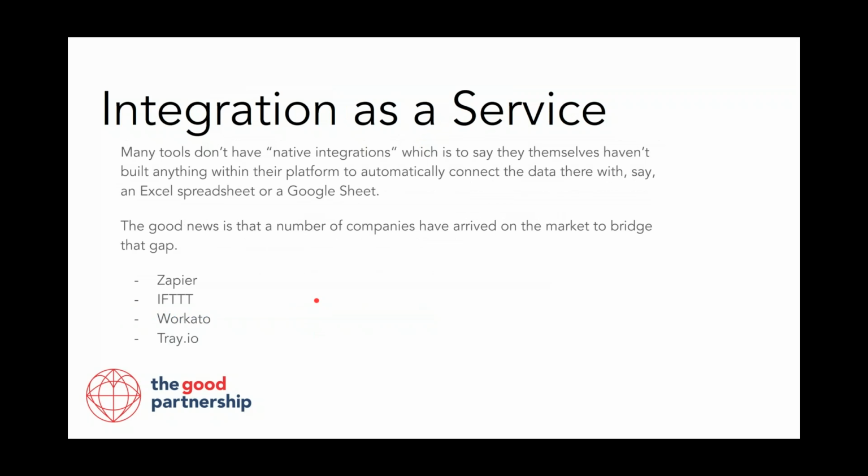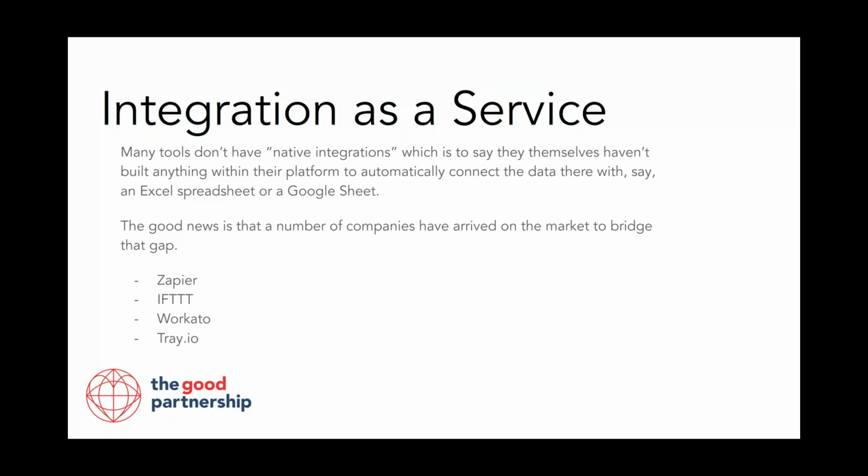So the other thing that on your path to digital transformation you're going to want to get familiar with is this concept of integration as a service. This harkens back to our API conversation and the conversation about interoperability.